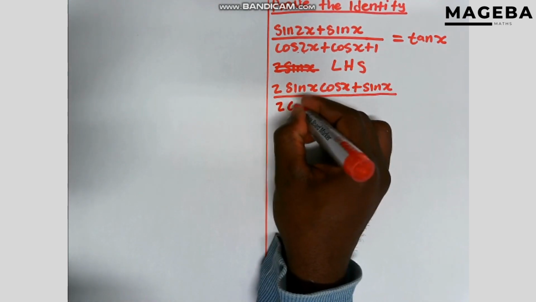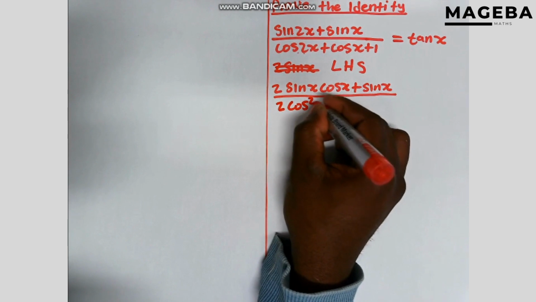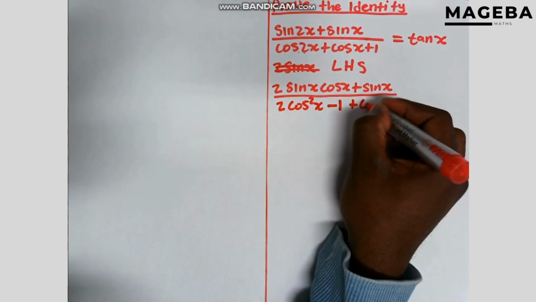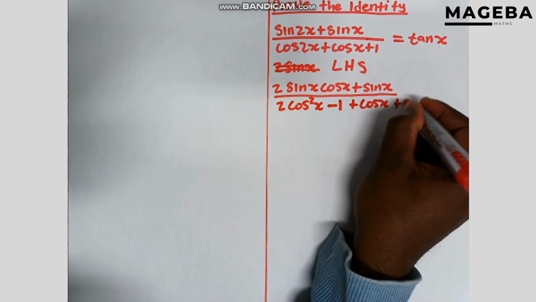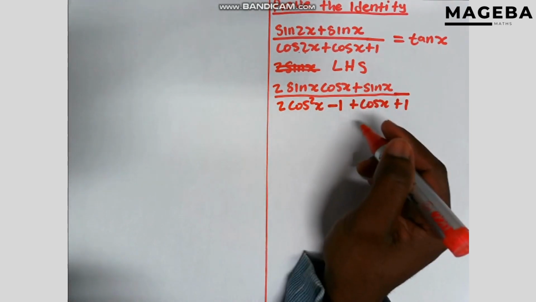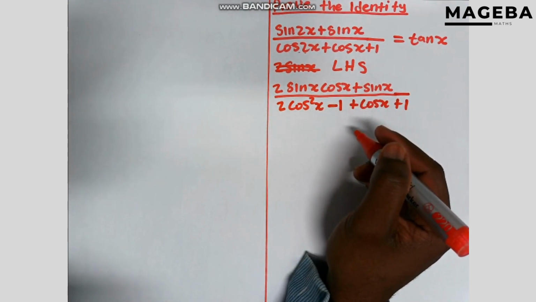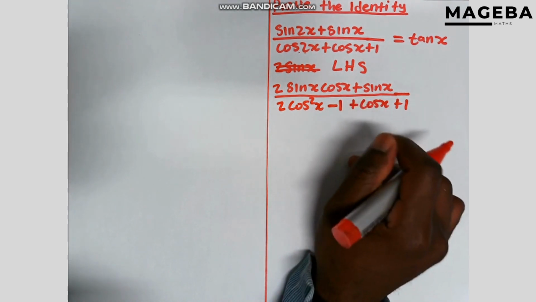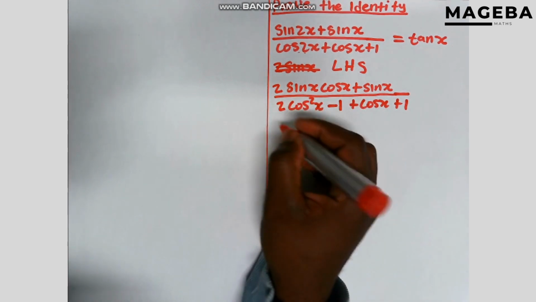The one of 2 cos squared x minus 1, then plus cos x and then plus 1. This one makes things not complicated, because if you are doing trigonometry, the more steps you do, the things must become easier, not more complicated.